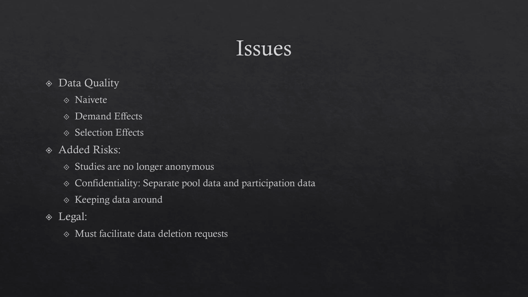Now, there are a couple of issues with building your subject pool that you want to be aware of. The first is data quality. One of the issues that arises is people no longer are naive to your types of studies. So they've participated in one study before, and they are used to taking personality tests, or solving certain kinds of problems, or participating in economic bargaining experiments, and so they are no longer naive, and this can be an issue.